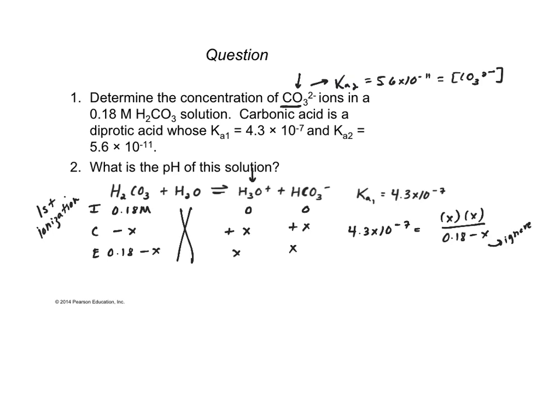And so when I do that and I solve, I multiply 0.18 on both sides and I take the square root, I get an x value equal, what is it? 2.78 times 10 to the minus 4th. Okay? So right now, that's my concentration of H3O+. That is also my concentration of my singly deprotonated bicarbonate ion, the single deprotonated conjugate base.